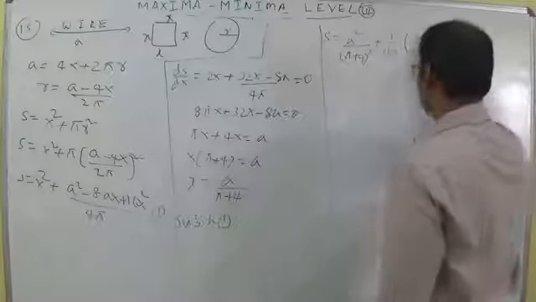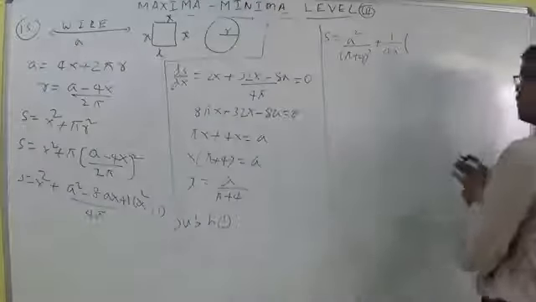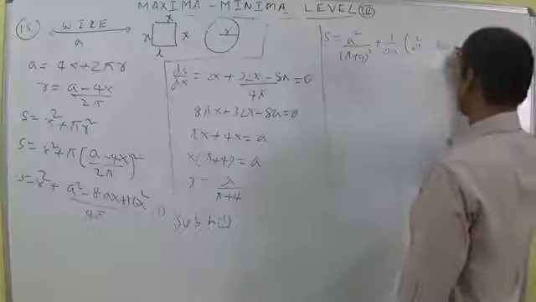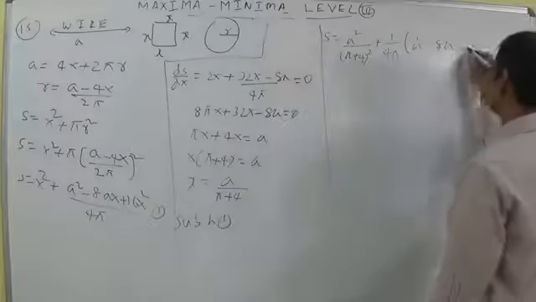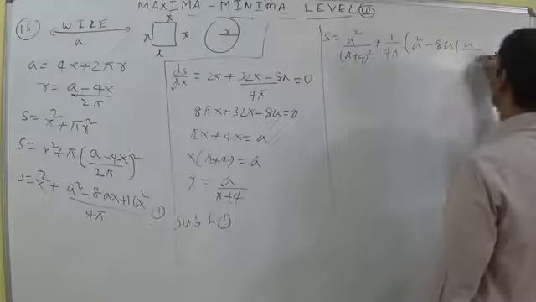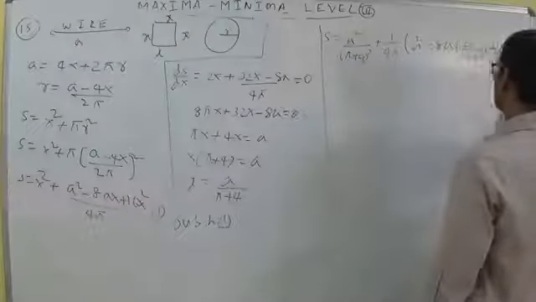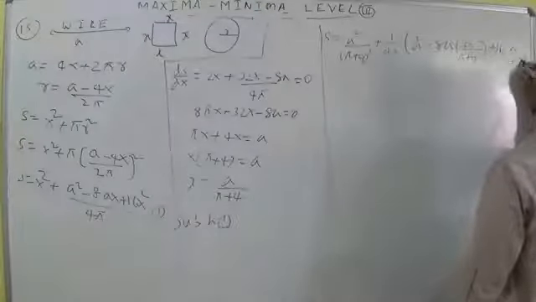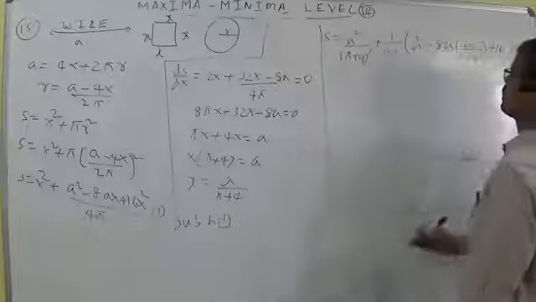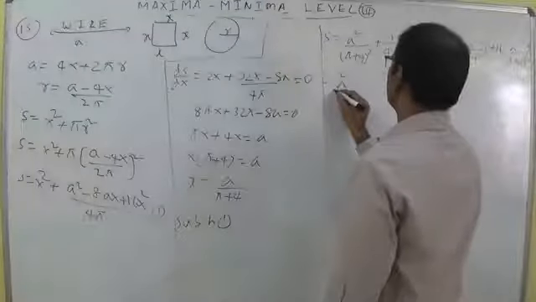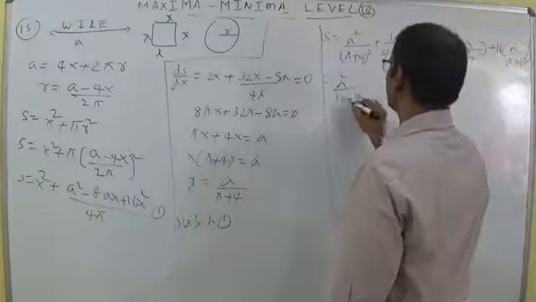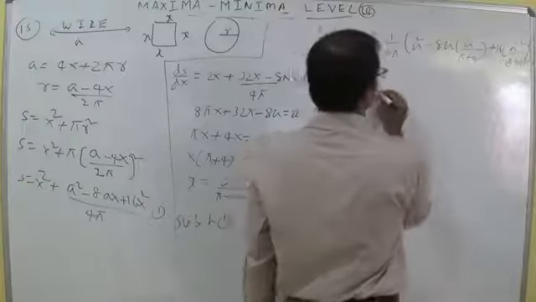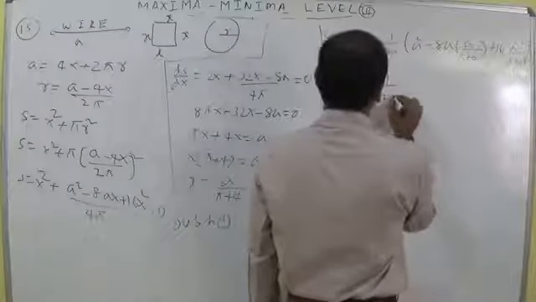Now we can write here a square minus 8a into a by pi plus 4 plus 16 into a square by (pi plus 4) whole square, that is equal to a square by (pi plus 4) whole square plus 1 by 4 pi.